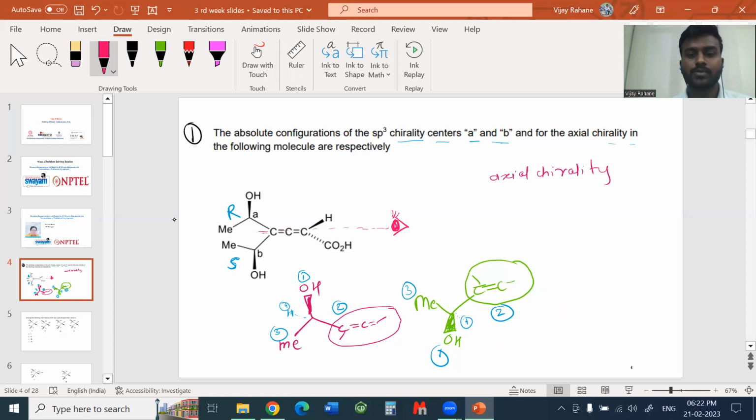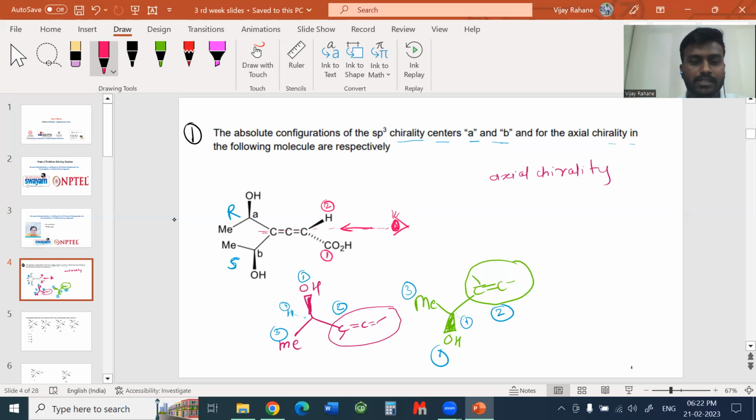If we see from this side, we give numbering to this one. This one is first priority. It has second one.